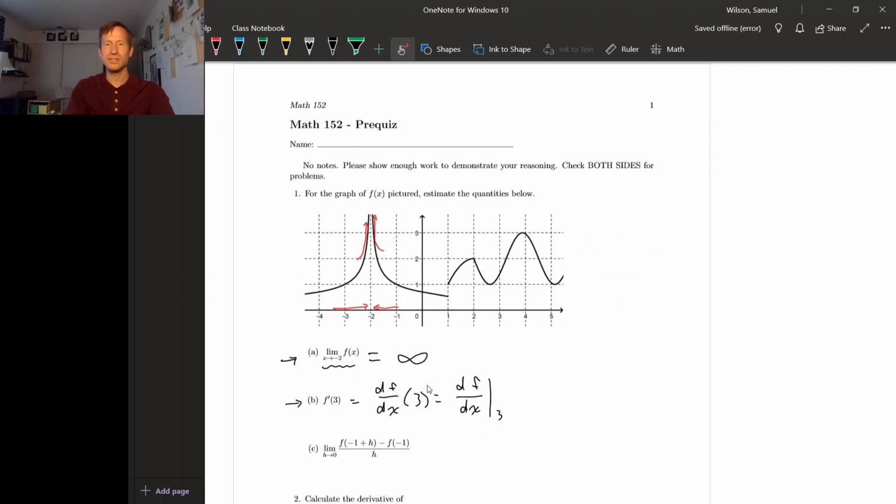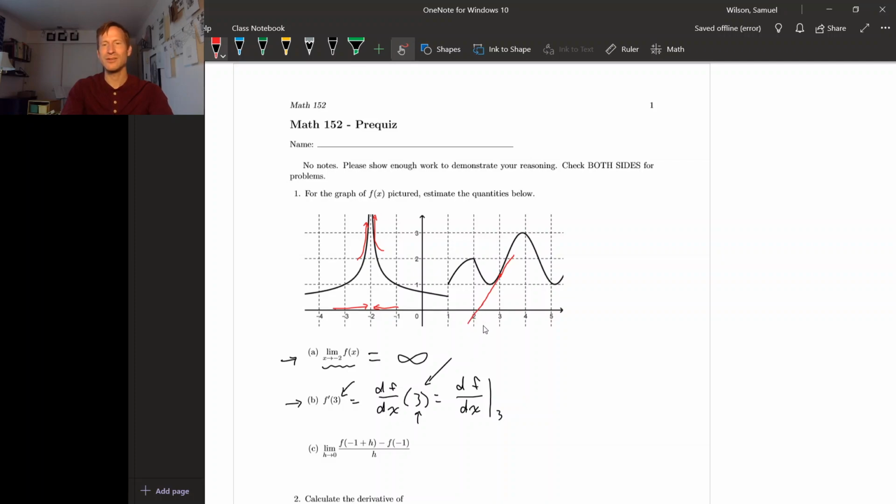I think we'll usually use this notation or this notation. But a derivative on a graph is the slope of a tangent line. So we can go to this x value, 3, about here, and just eyeball the tangent line, looks like that, and then figure out what its slope is.